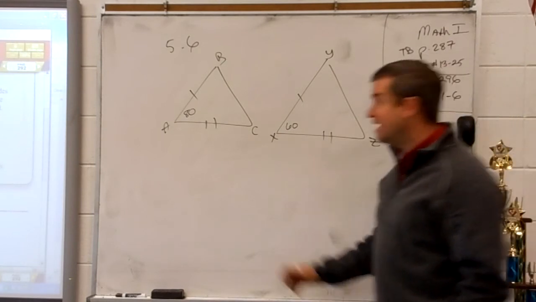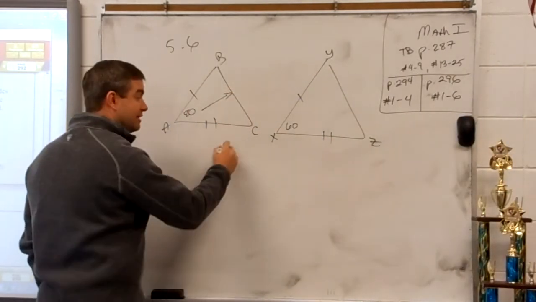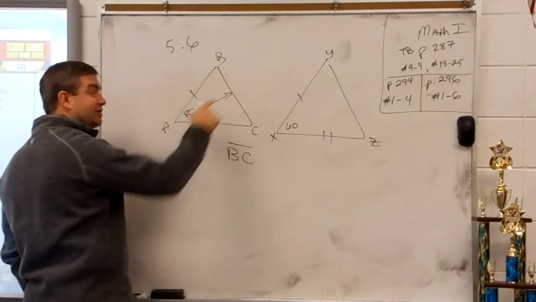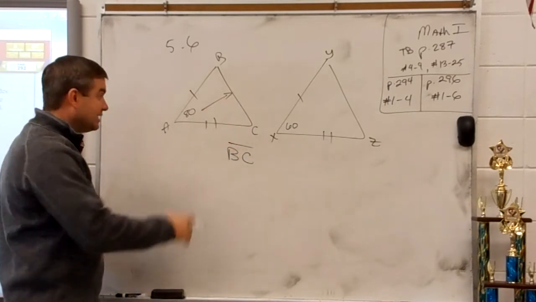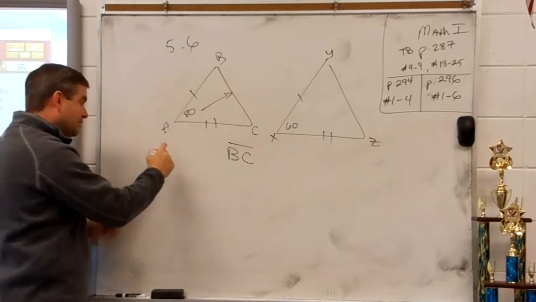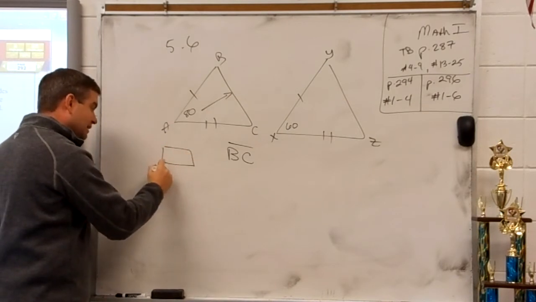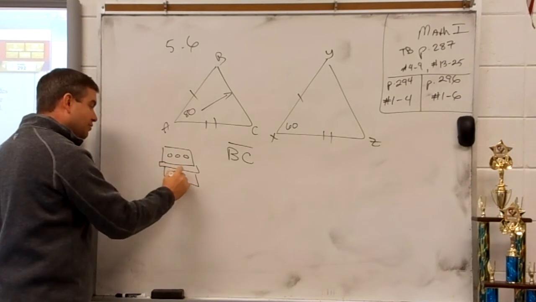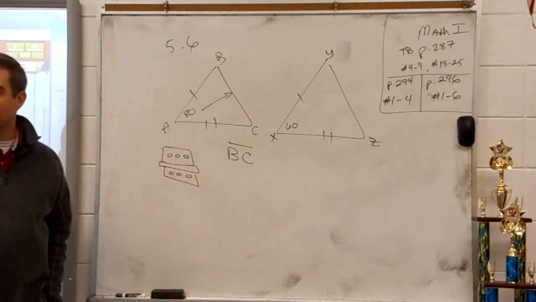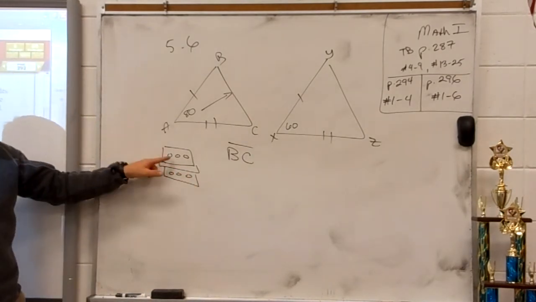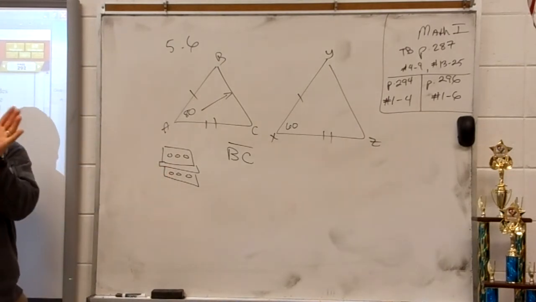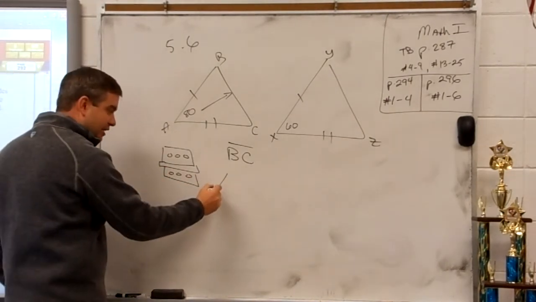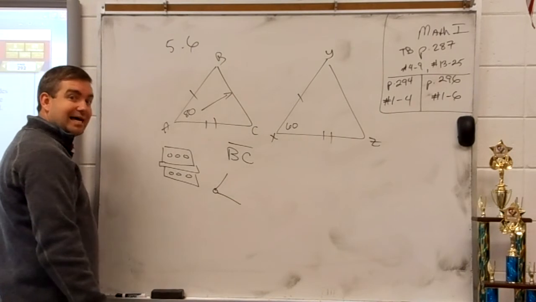Exactly right. That third side, BC, doesn't it look like a hinge? Does everybody know what a hinge looks like? Kind of looks like this. This is called a strap hinge. And you would put it on a cabinet to be able to move it. It's got a side and an angle and a side. As I move the hinge, here's another drawing from the side.